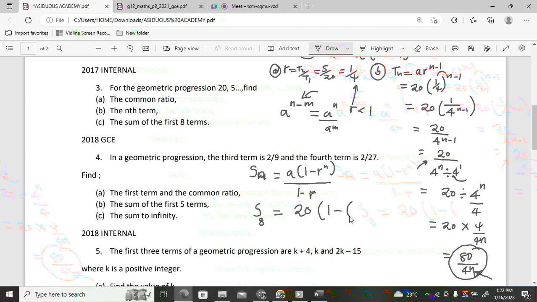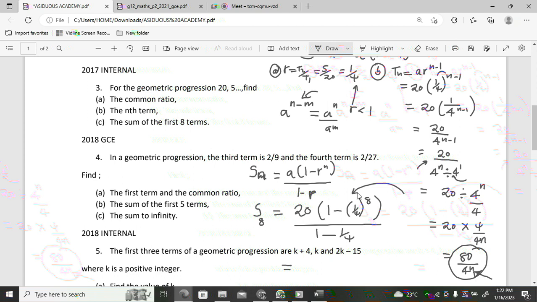So this will be sum of the first 8 terms being equal to the first term, which is a, we can see is 20, over 1 minus, where there is r, that's the ratio. We're going to put the ratio we found, 1 over 4, and then raised to the power n, we're talking of the sum of the first 8 terms, and then divided by 1 minus, again, this is r. The ratio is 1 over 4.